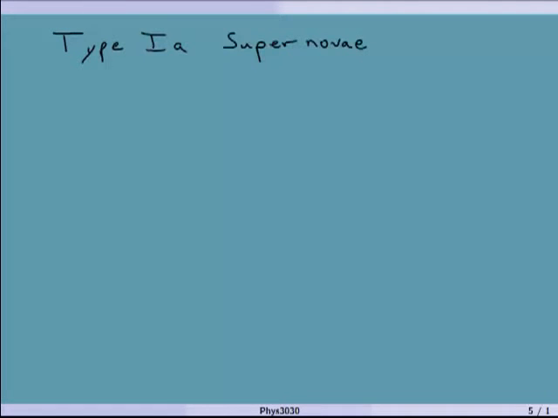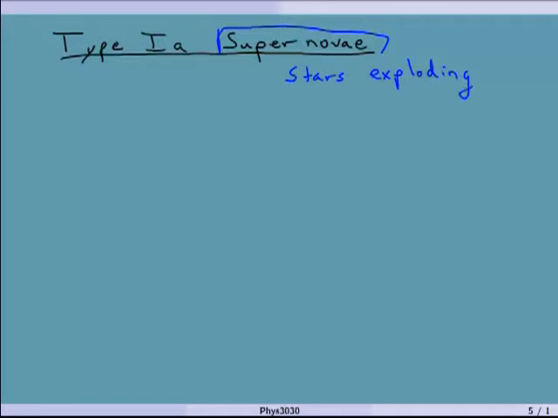For those who don't know, you probably all know that supernovae are stars exploding, which is pretty cool when you think about a giant star exploding and releasing tons and tons of energy. But these are really, really important types of stars.